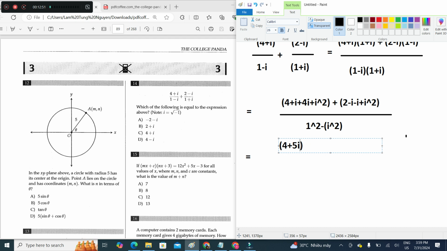Here, minus I is minus 2I, and I squared is negative 1, so 2 minus 1 is just 1. This is going to be over 1 squared is 1, I squared is negative 1, so 1 minus minus 1.